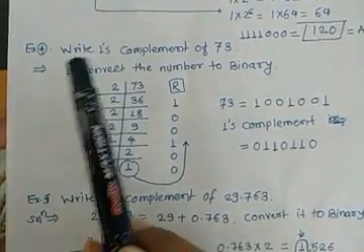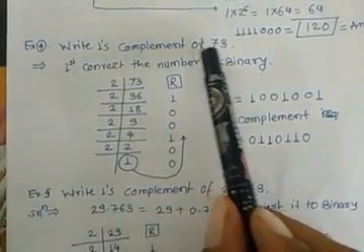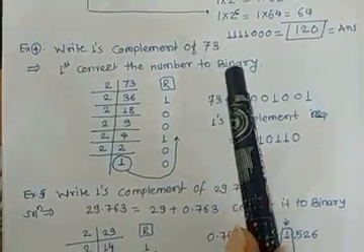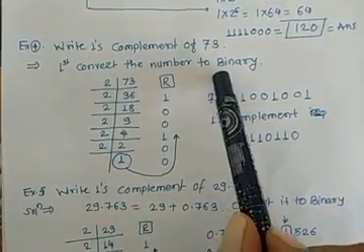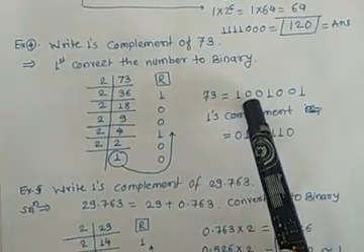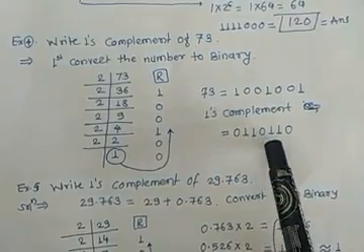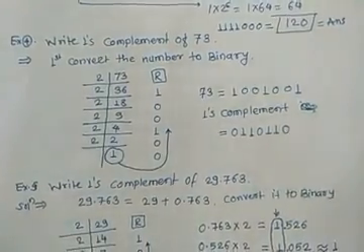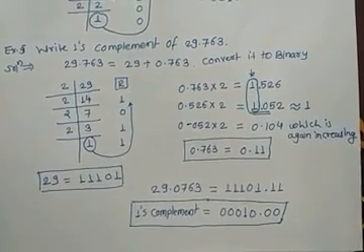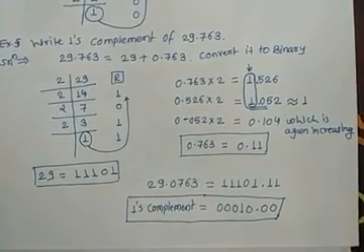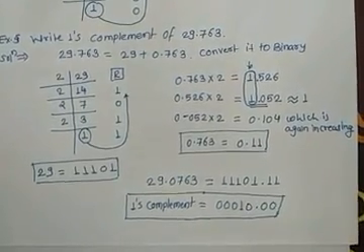The next example was write the ones complement of 73. In this example, we first convert 73 to a binary number, and then its complement was 01101110. The next example was write the ones complement of 29.763.